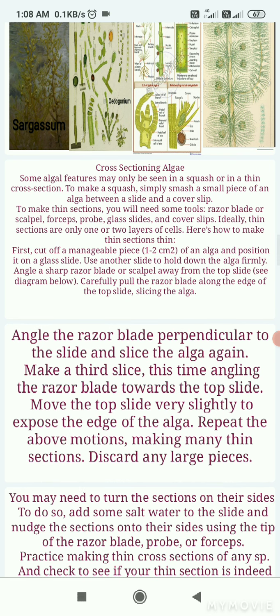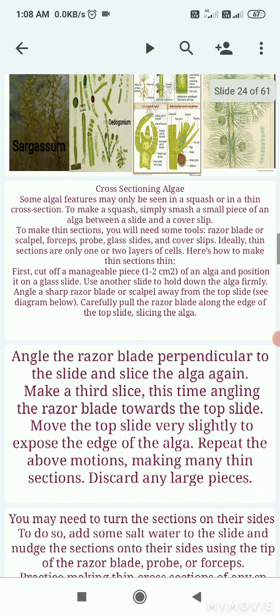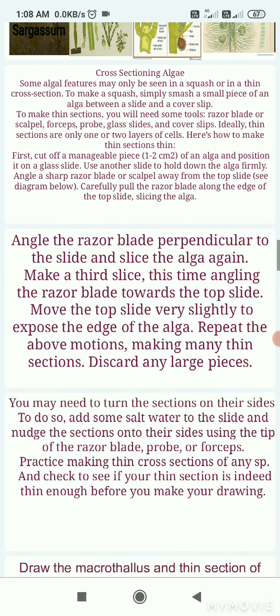Then take a sharp angle with a razor blade or scalpel and keep it away from the top slide. Carefully pull the razor blade along the edge of the top slide and slice the alga. In this way, we can take thin small sections of alga.